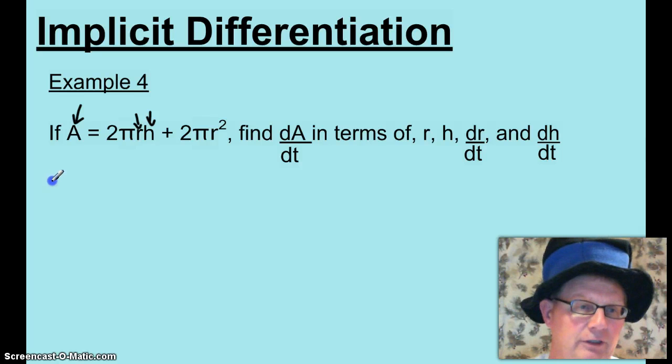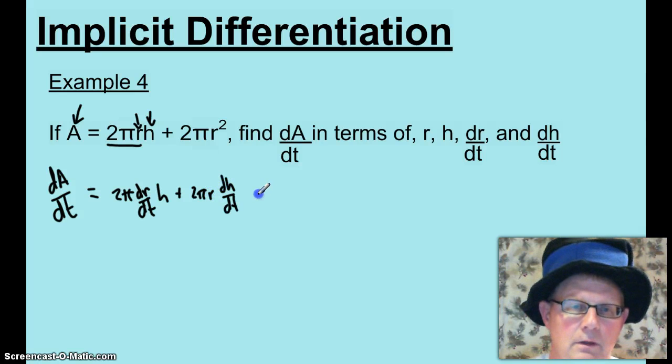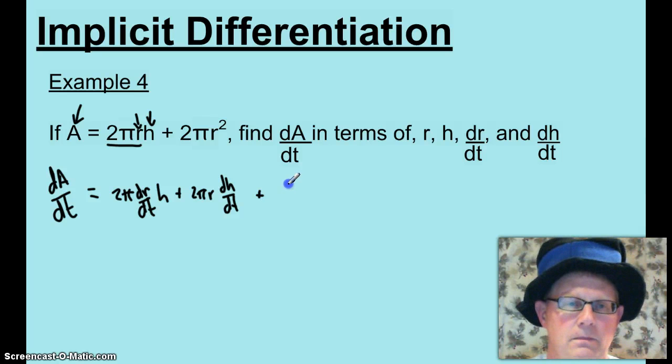We got 1 minute. Going to try to get this done. Minute to win it. dA dt equals, okay, product rule, 2 pi is the derivative of that, dr dt times h, remember doing the product rule, plus 2 pi r dH dt, plus 4 pi r, so the first power, dr dt.